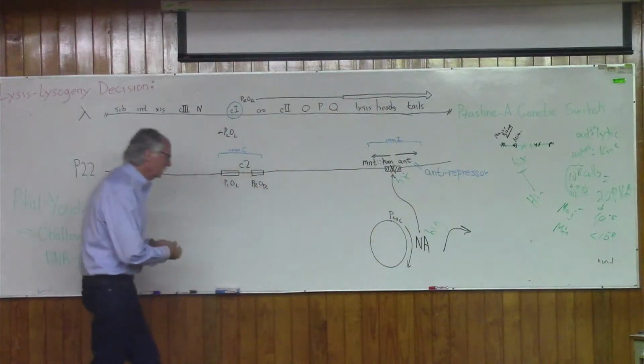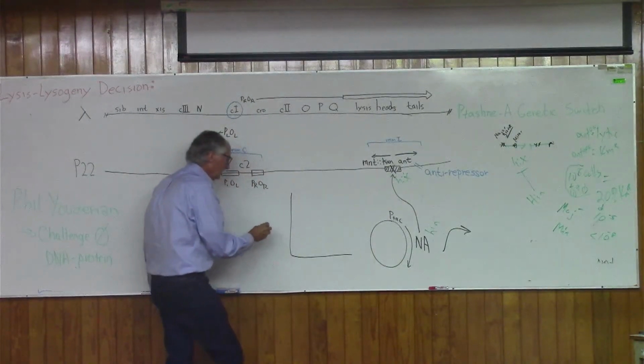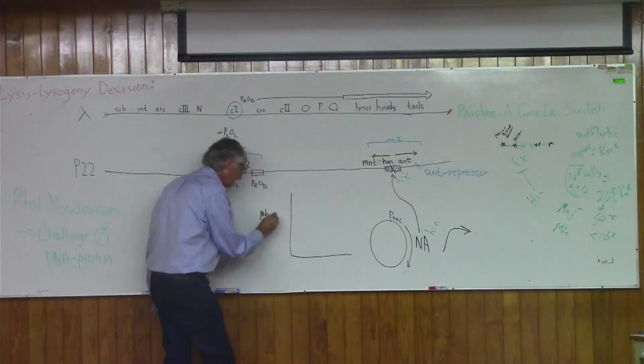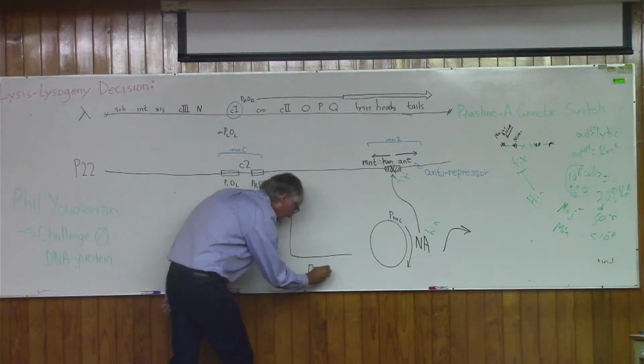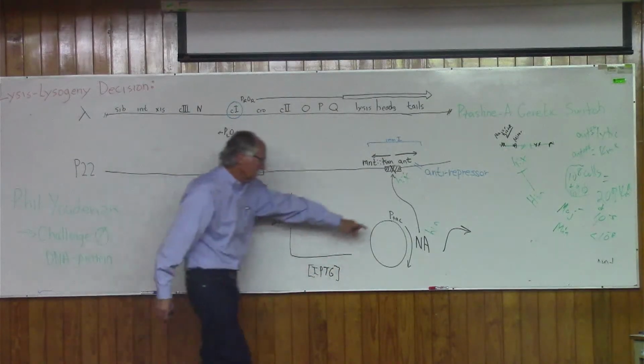When you turn on this derivative, here we're looking at phage, and this is the concentration of IPTG. And by the way, you don't have to use PTAC.